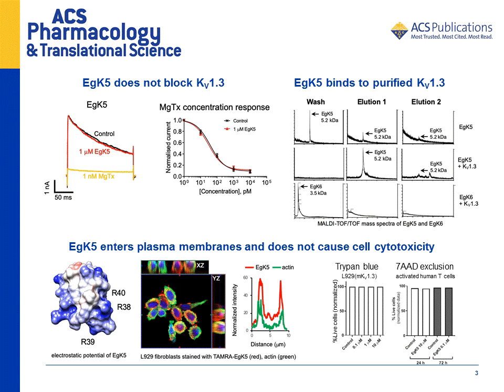And as you can see, the peptide enters the membrane within about 3 hours. It doesn't enter the cytoplasm to any great extent. It stays in the membrane, and it does not cause cytotoxicity because of this membrane entry, either in the fibroblasts expressing Kv1.3 or in activated human T cells.